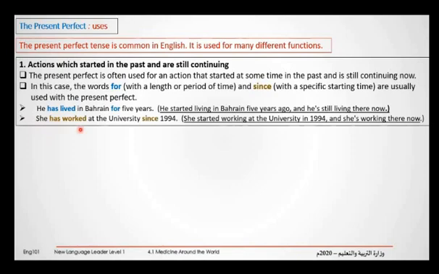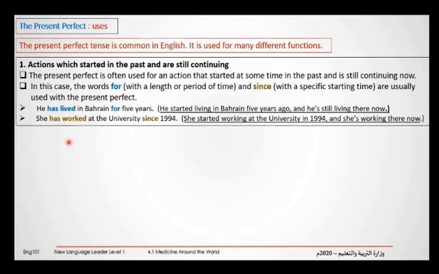She has worked at the university since 1994. That means she started working at the university in 1994 and she's working there now. This is the first use of the present perfect.